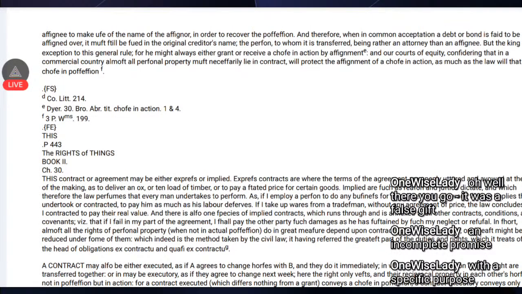Therefore, when in common acceptation a debt or bond is said to be assigned over, it must still be sued in the original creditor's name, the person to whom it is transferred being rather an attorney than an assignee.